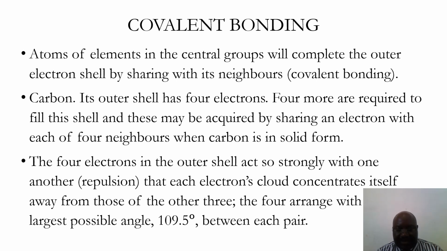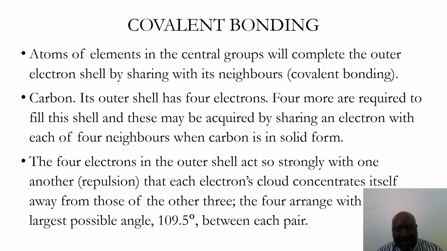The 4 electrons in the outer shell interact strongly with one another, that is, they tend to repel, and each electron cloud concentrates itself away from those of the other 3.